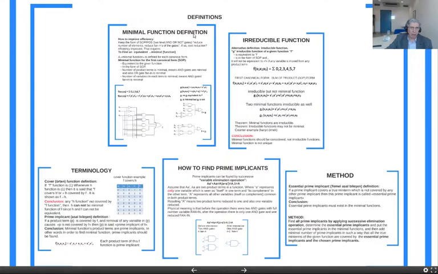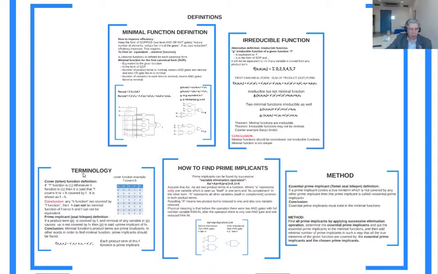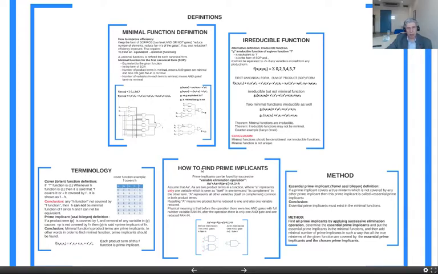Now, what are those? We're going to define the minimal function, and a bit of a confusing definition is the irreducible function. What's the difference between the irreducible and the minimal function? Which one do we have to choose? That will be explained. And we're going to introduce a new terminology which is called prime implicant. I'm going to say what this prime implicant is and how to find the prime implicants, and then the steps of the method will be examined in this video.